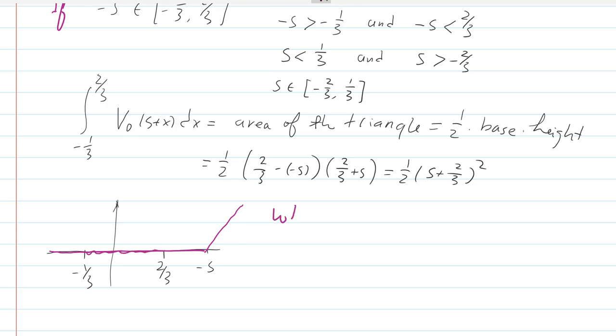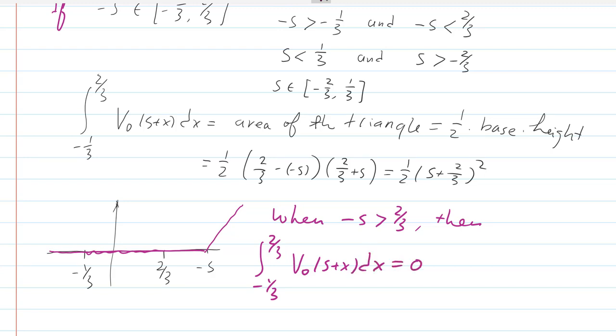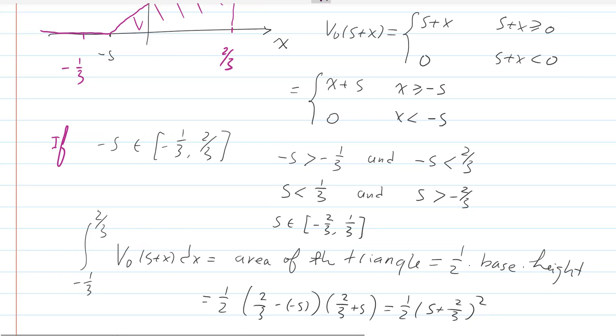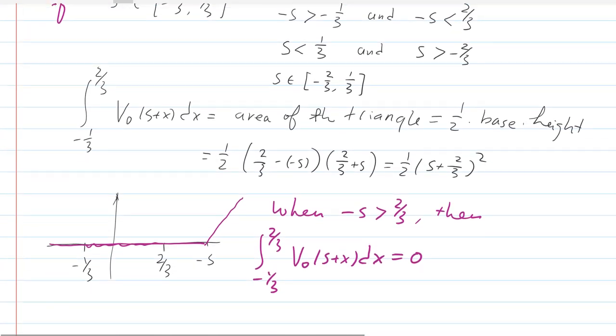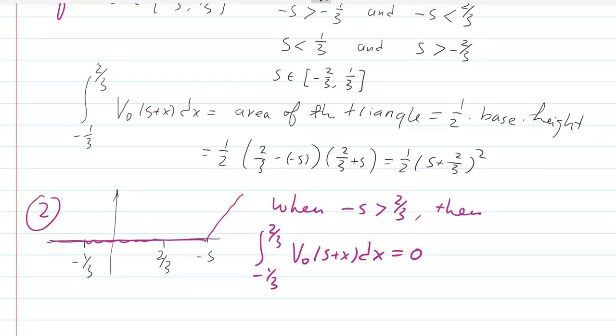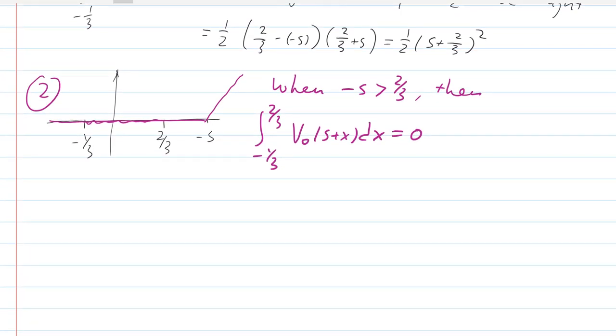So this one over here, you can say, when negative s is greater than 2/3, then we have this integral over here, negative 1/3 to 2/3, of v naught s plus x dx, is completely 0. So this is another case. So we have over here case 1, and case 2, and then we have our last case.